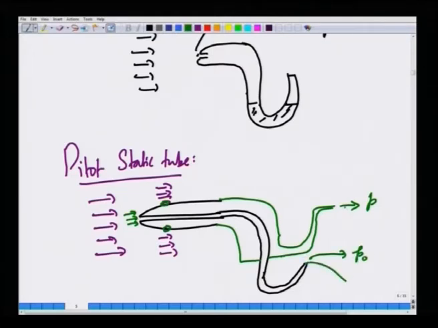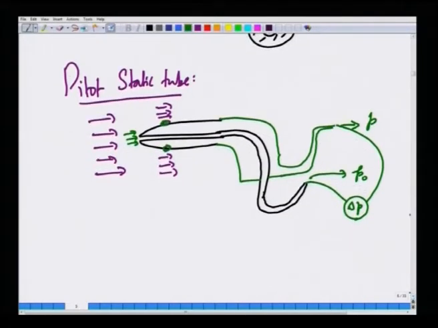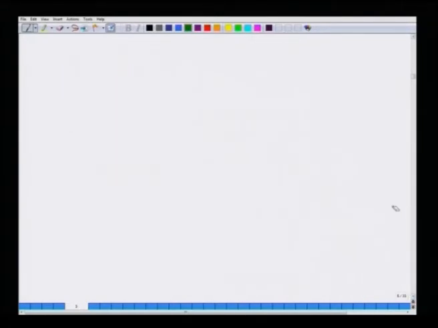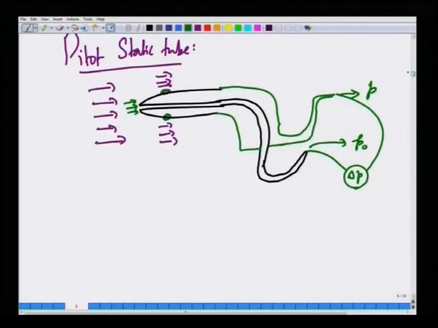If you connect these two ends to a manometer, this change in pressure will directly give you the local velocity using the formula we just derived, which says that V is 2 (P naught minus P) divided by rho, whole to the half.